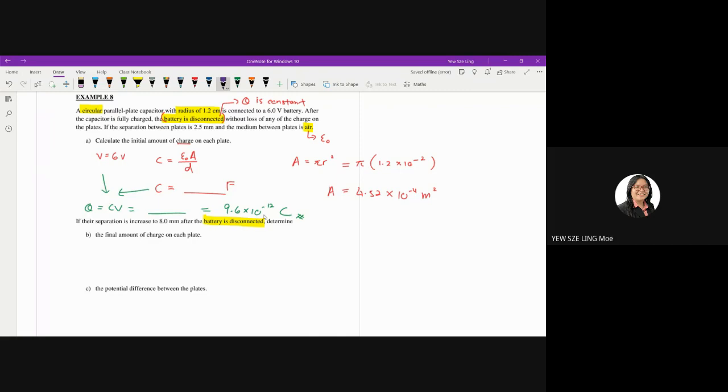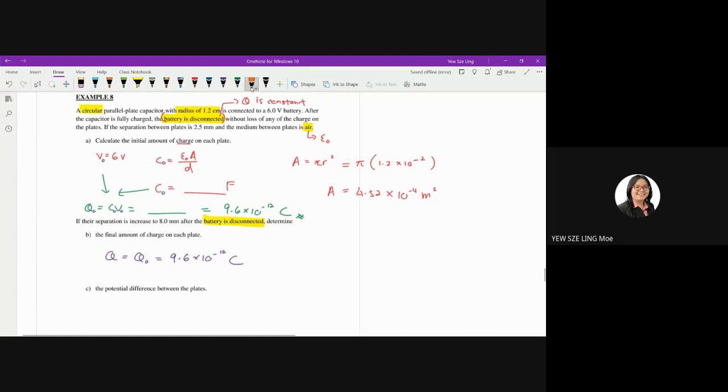For the previous question, I'm going to add a note to represent that it is an initial value. Now I'm going to look at final. The final amount of charge on each plate, Q, equals Q naught, which equals 9.6 times 10 to the power of negative 12 coulomb. Why?